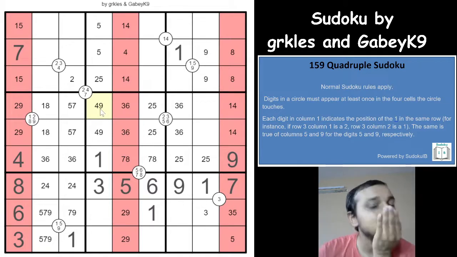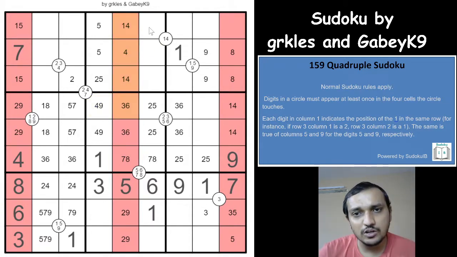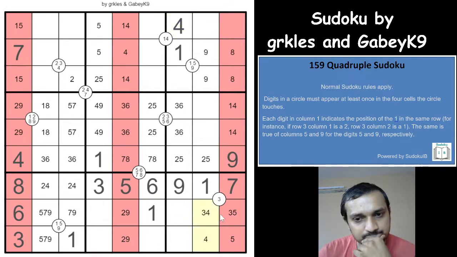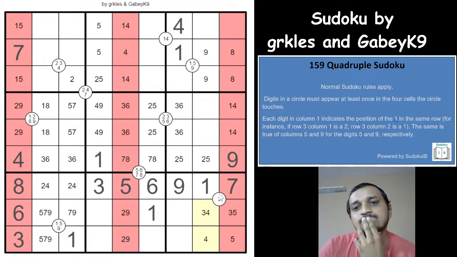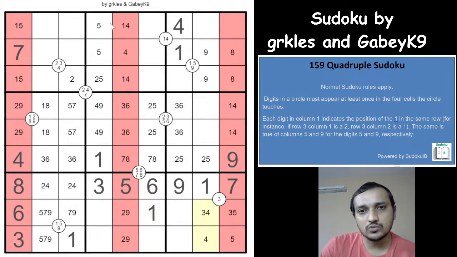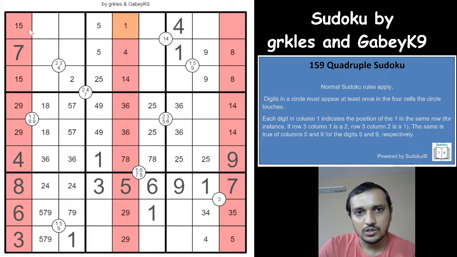Oh, that was easy. 4 also cannot be in one of these two cells. So this cell is a 4 here, which means one of the 4's would have to be here. So this cell cannot be a 4. That means this cell cannot be a 5.